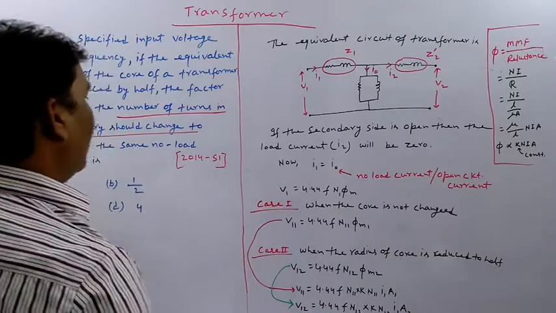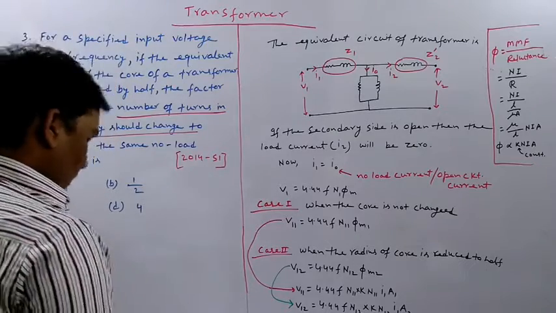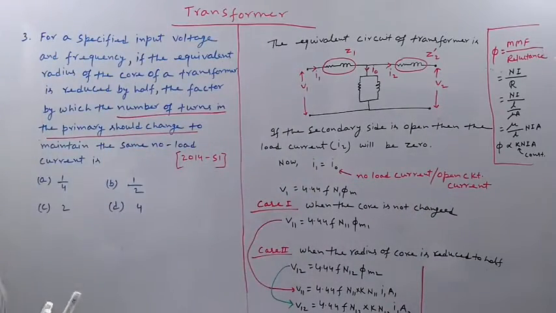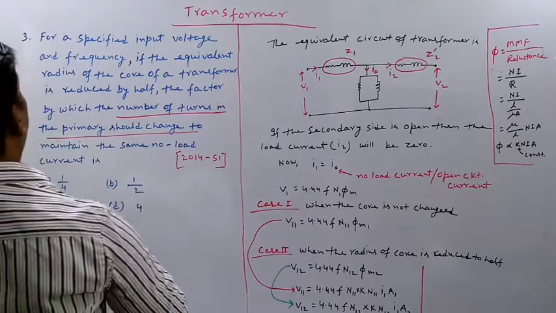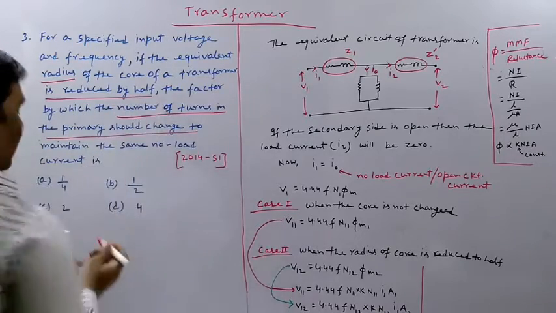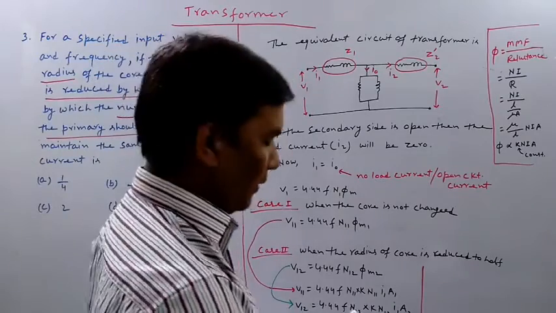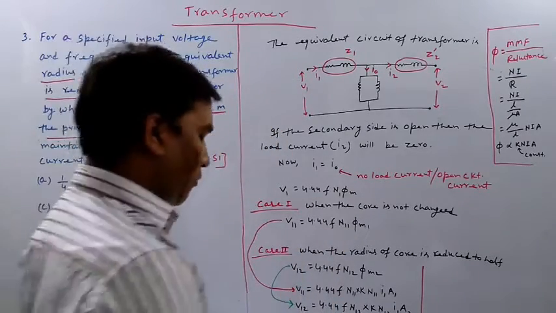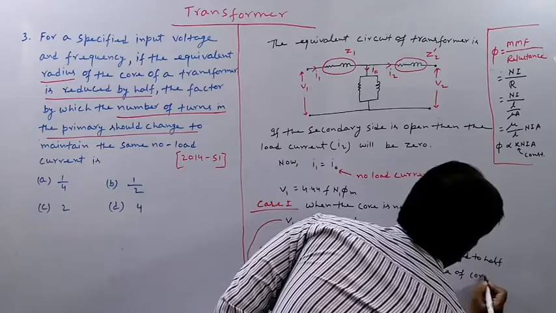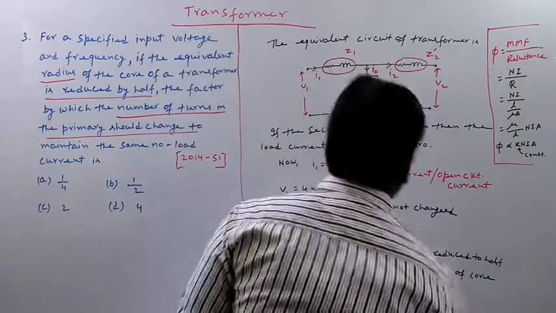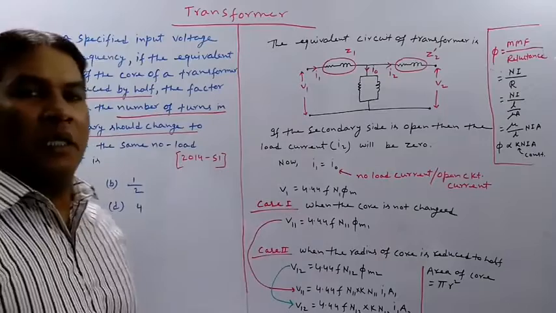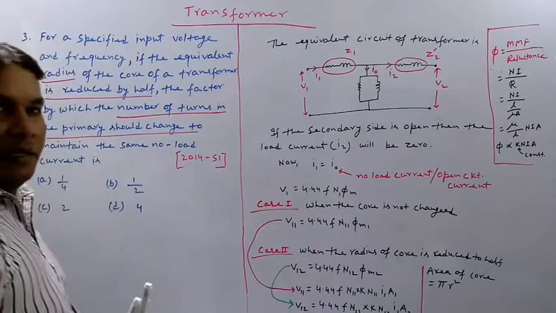Since the radius of the core of the transformer is reduced by half, what is the area of the core? The area of the core will be pi r square, if it is a circular, cylindrical core.